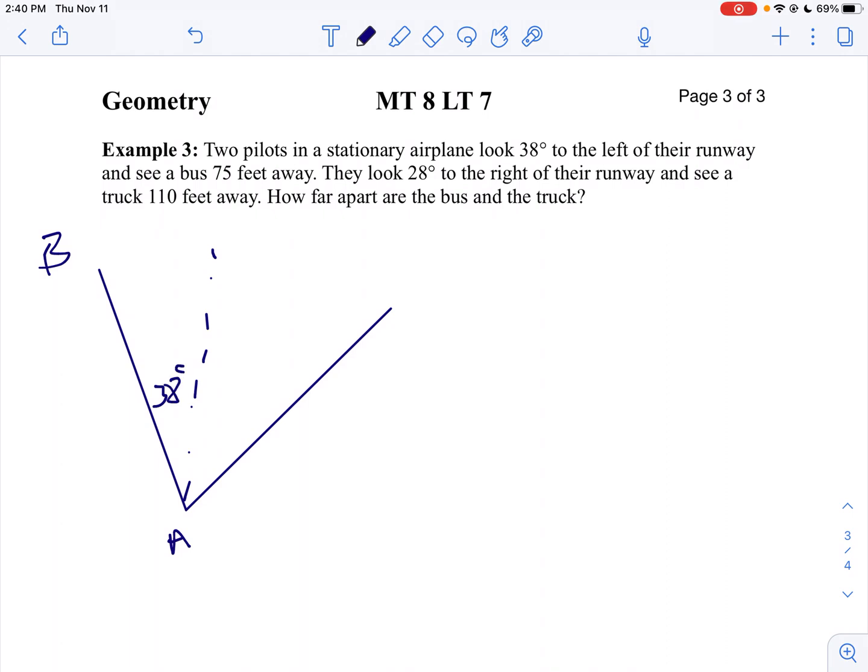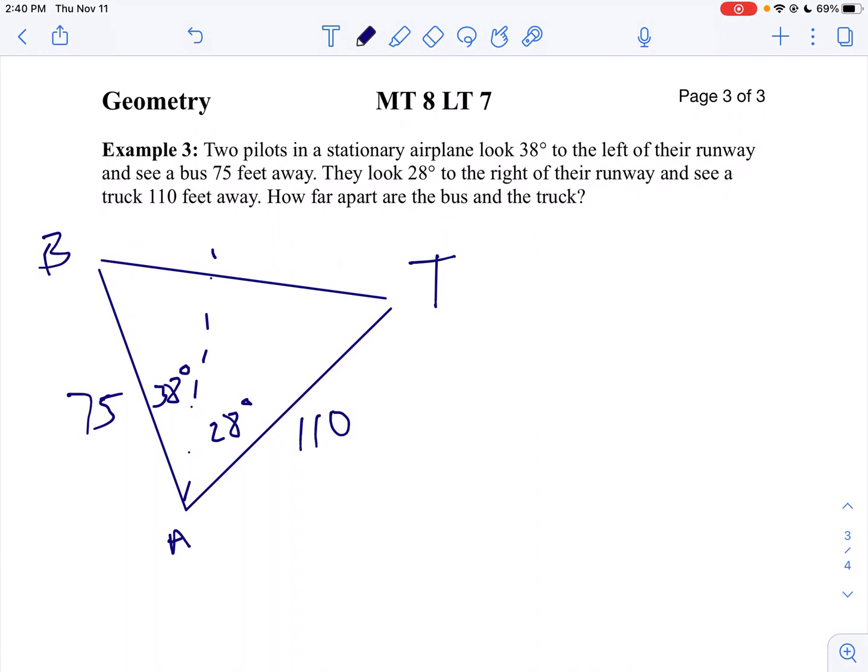So this is 38, and we know that's 75 feet away. And then if we look 28 degrees to our right, we see a truck which is 110 feet away. And we want to know the distance from the bus to the truck. So we want to find B of t.